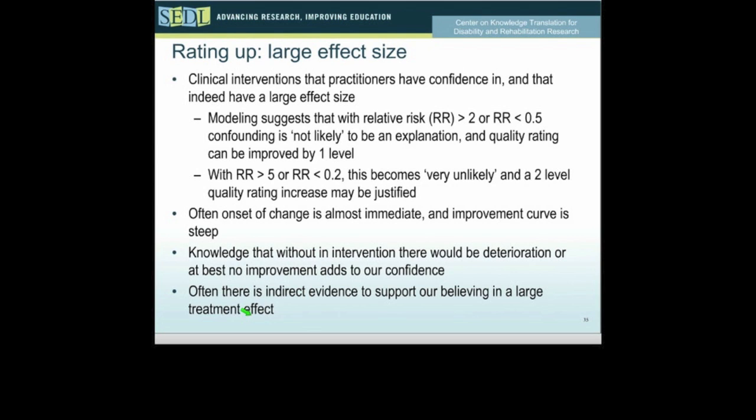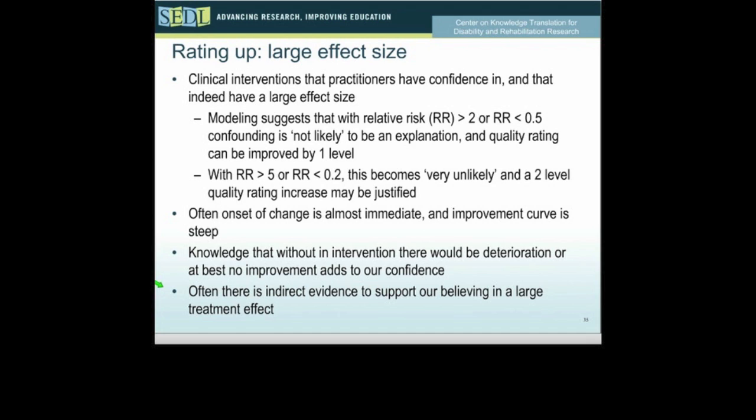So let's look at large effect sizes. Again, they have only developed this for dichotomous outcome studies, where you deal with relative risk, and they say that modeling suggests that if you have a relative risk of larger than 2, or on the other hand, a relative risk of smaller than 0.05, confounding is not likely to be an explanation, and you're okay to up the quality grading by one level.